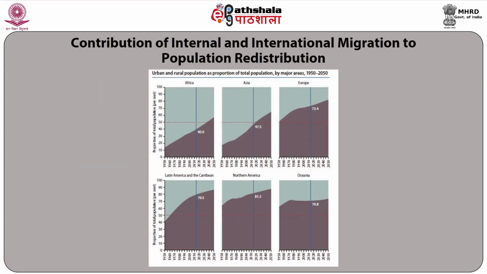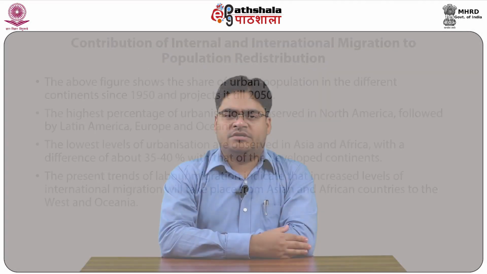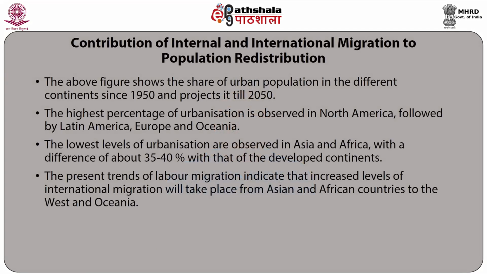The above figure shows the share of urban population in the different continents since 1950 and projects it till 2050. The highest percentage of urbanization is observed in North America, followed by Latin America, Europe, and Oceania.